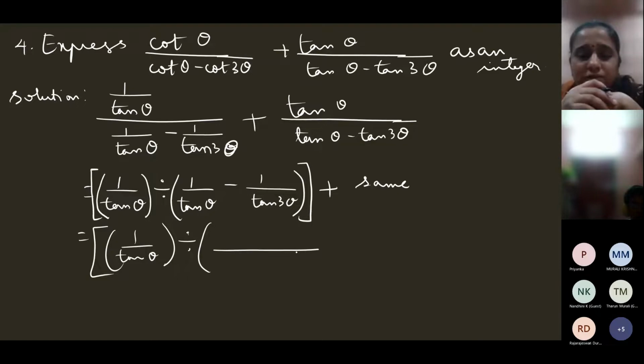What is the common denominator for tan theta and tan 3 theta? Okay, so tan 3 theta is a common denominator. Then what should you multiply tan theta with?